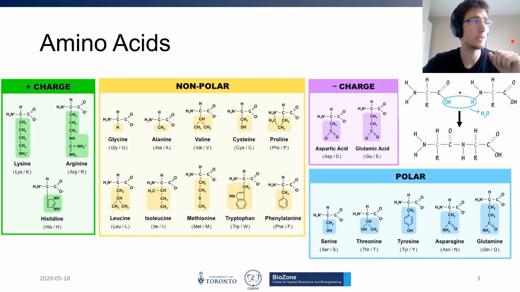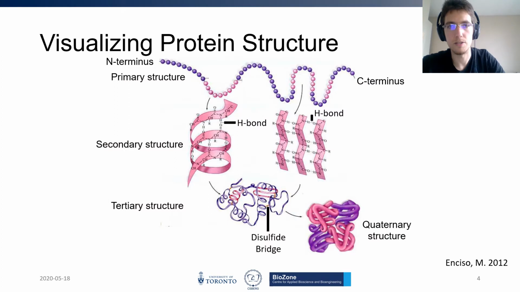So the question becomes, having all of this information, how do you go from multiple amino acids attached together in sequence to something that is a protein that can carry out some sort of function? To discuss that, we're going to be looking at this really nice image that describes how we go from a linear attachment of amino acids to something that is a functional protein.